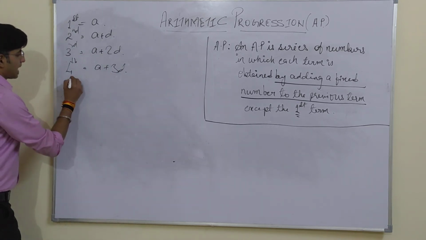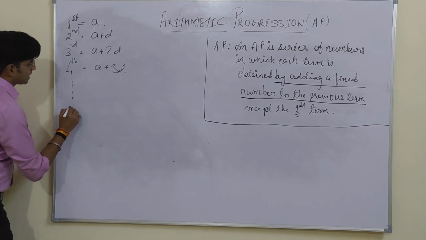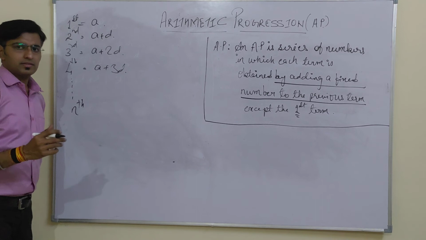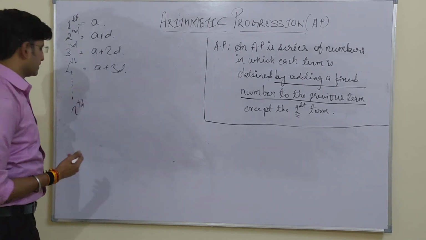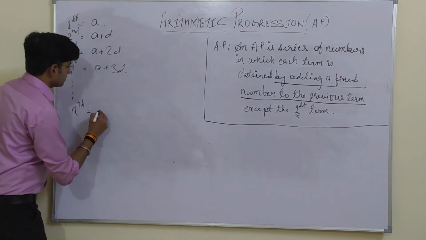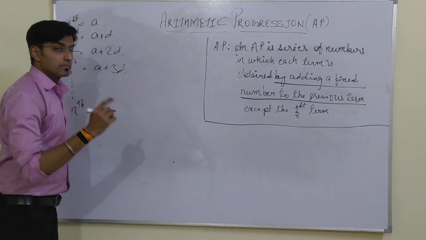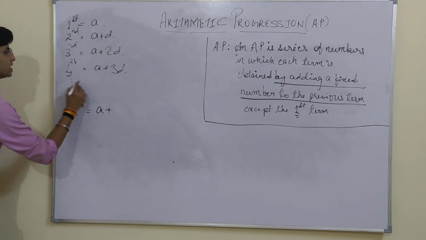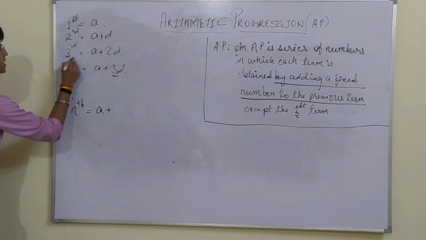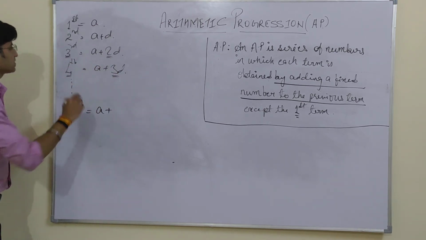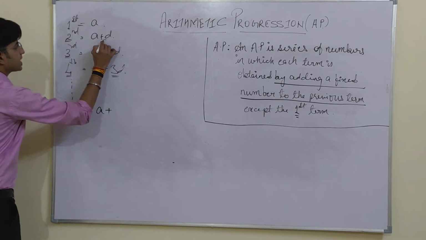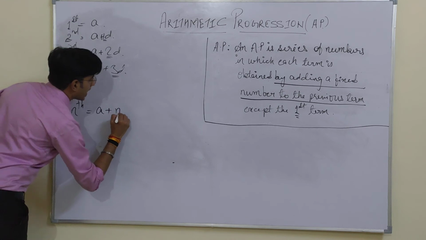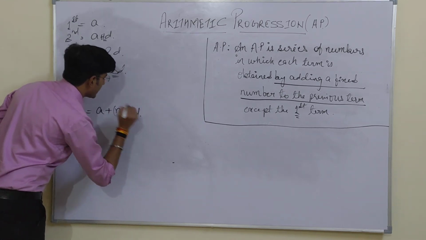So what we can say is that in any nth term, meaning any arbitrary term of the sequence, d would be added n minus 1 times, because in the fourth term it's added 3 times, in the third term it's added 2 times, in the second term it's added only 1 time. So in the nth term it would be added n minus 1 times.